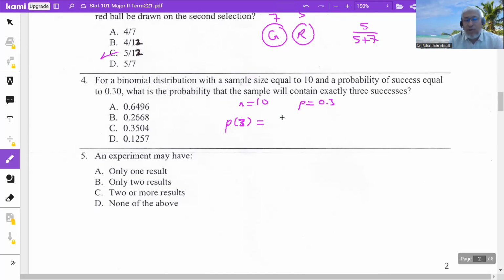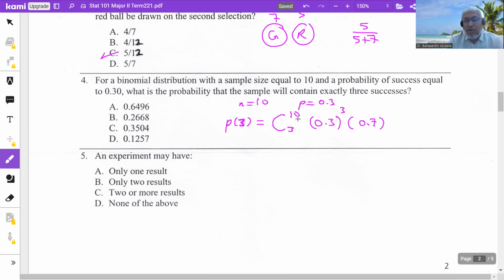Well, the formula for the probability distribution is C, and we write n here, which is 10, and x here, which is 3. Then we multiply this by p, the probability of success, raised to x, which is 3. And then we find 1 minus 0.3, which is 0.7, and that's the probability of failure, that's q.